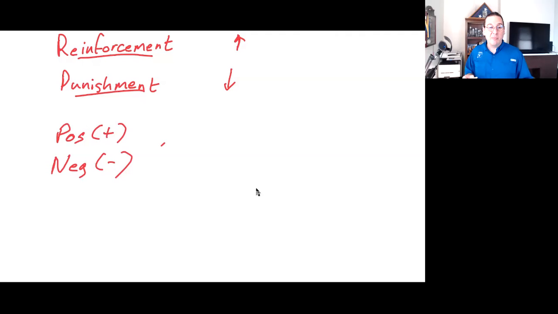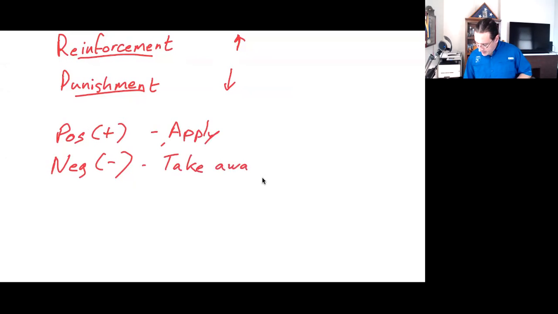Or if you have COVID, positive as being bad and negative as being good, right? So it depends on your perspective. But for purposes of operant conditioning, positive is applying something, and negative is take away.